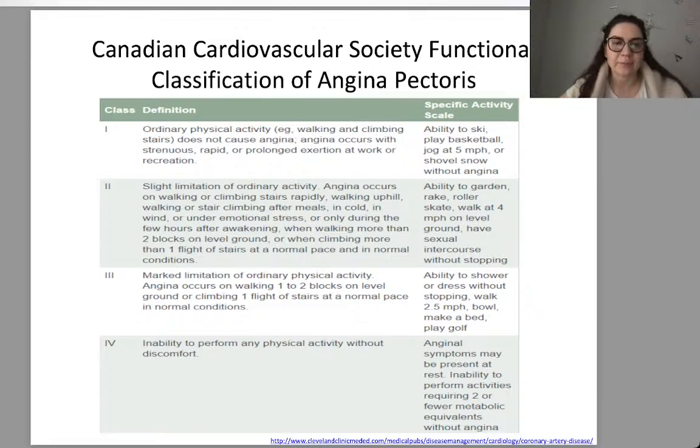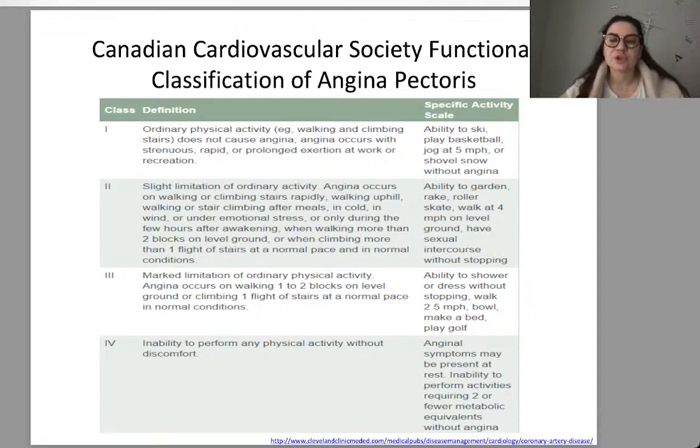Functional class 3. In such patients, we see marked limitation of ordinary physical activity. Angina will occur on walking 1 to 2 blocks on level ground or climbing 1 flight of stairs at a normal pace in normal conditions. Abilities of patients without symptoms with functional class 3: they can shower or dress without stopping, walk 2.5 miles per hour, bowl, make a bed, or play golf, for example.